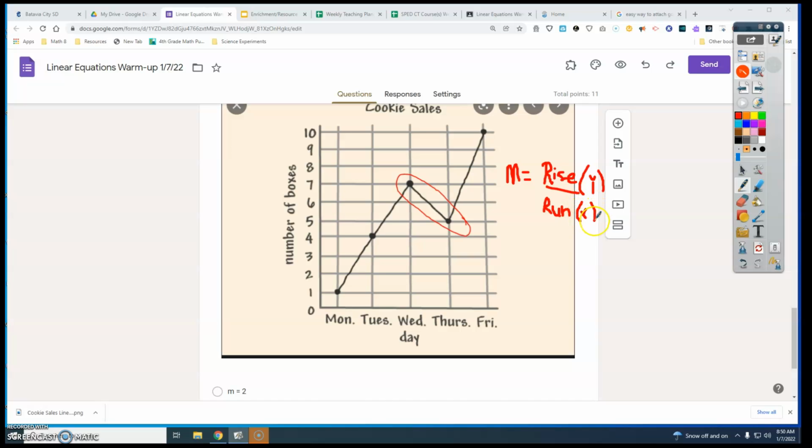So you have y and you have x, right? So that's also known as our change in y over change in x.